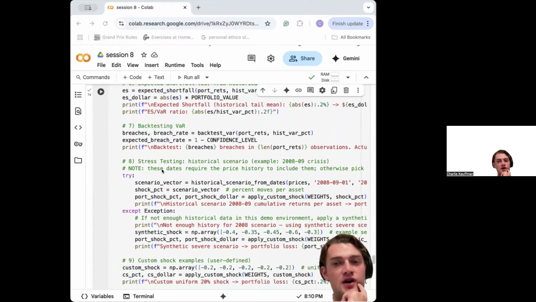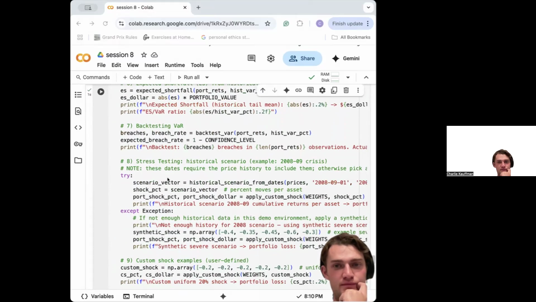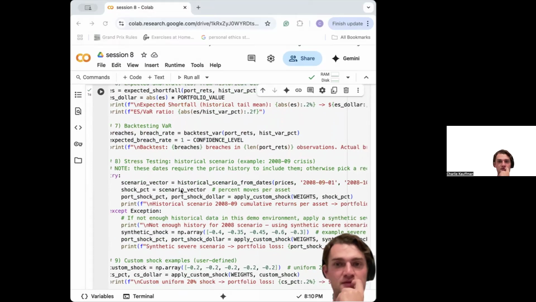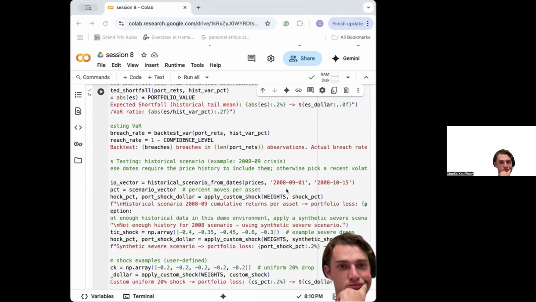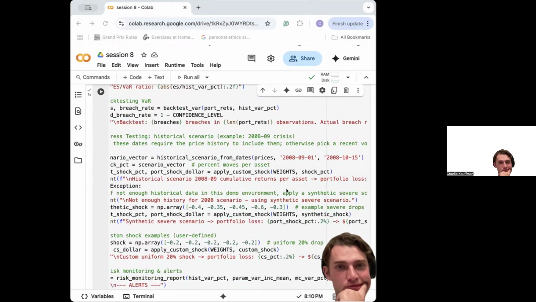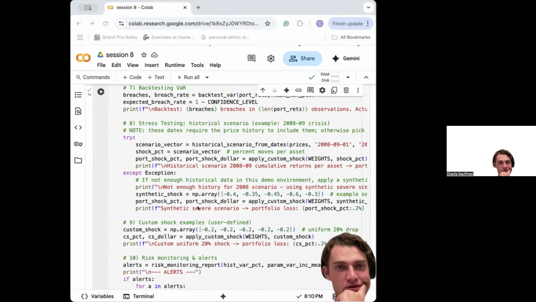And then this is a stress test. It's 2008 or a synthetic severe scenario plus a custom negative 20% drop.